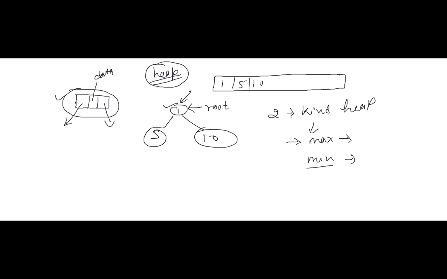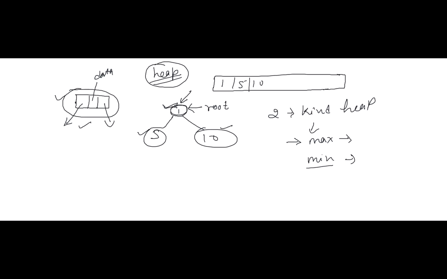Apart from this, the full heap also follows the same property at each node. If we are talking about the min heap, this value should be less than its left child and right child, right? But as I already told you, we are not going to use this tree structure. So how can we find the left child and right child? There is a formula.